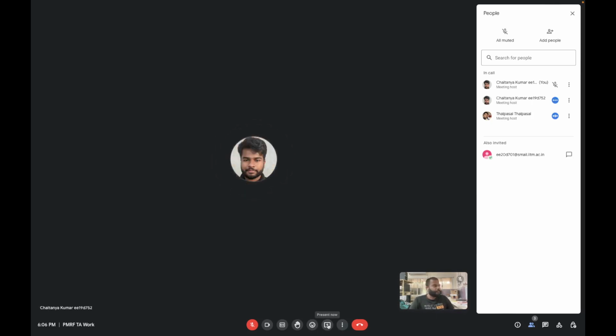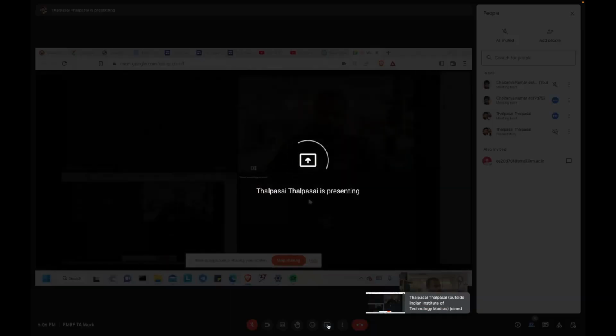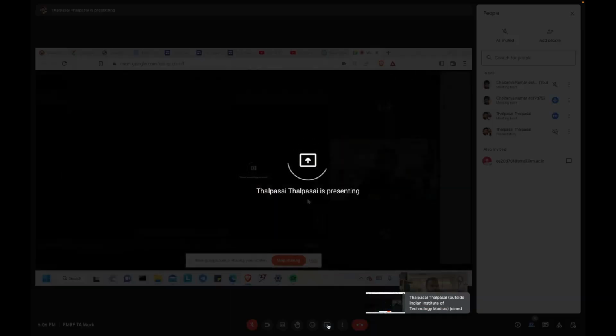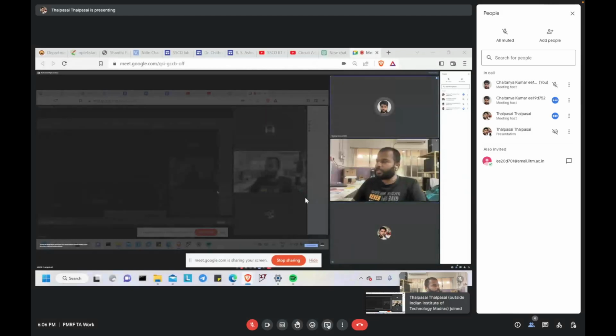From that you can share your screen. I cannot see your screen right now, but there should be a rectangle with an arrow in it. If you click on that, there will be an option of sharing your entire screen. Yeah, now your screen is shared.